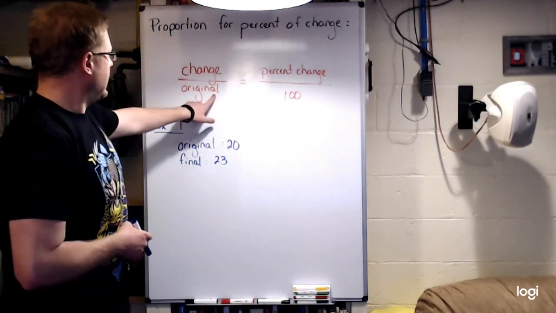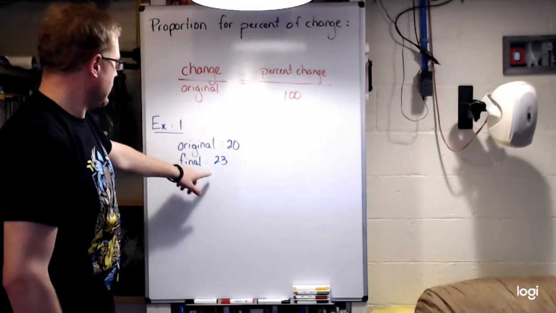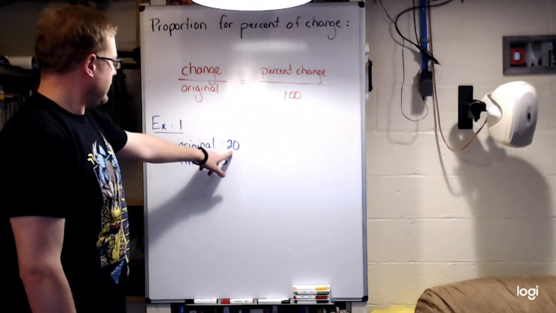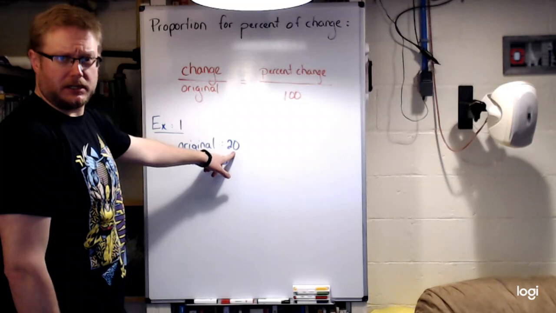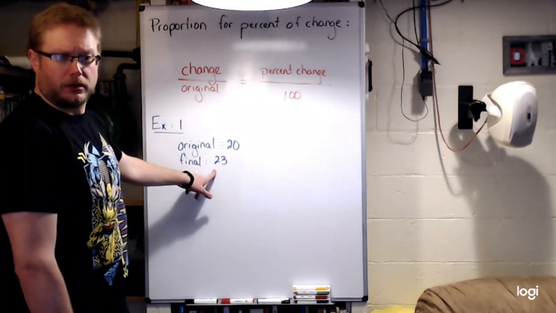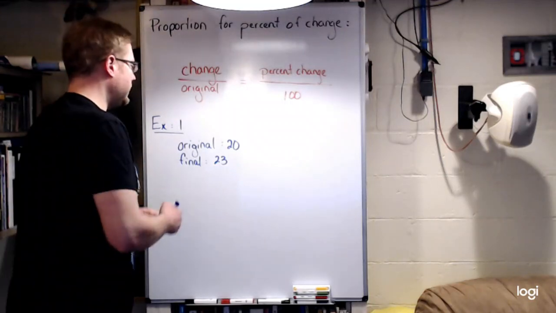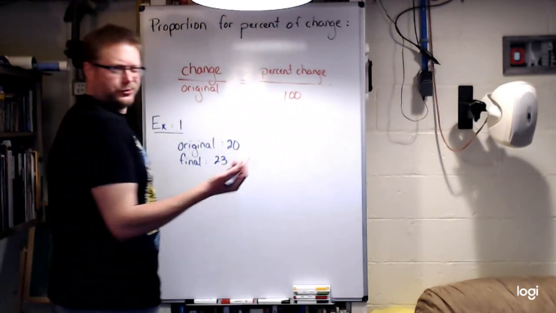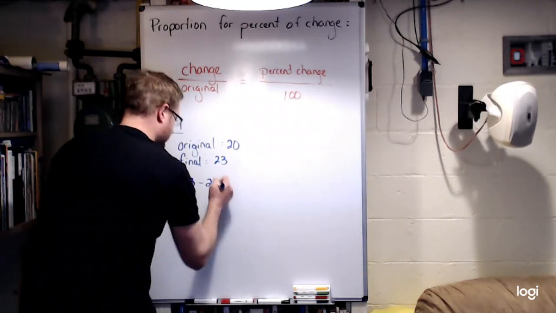So we have our numbers. We're going to plug it into our proportion, right? So the first thing is, what was the change? Well, we can clearly see if it was originally 20 and it went up to 23, your change was a positive 3. It went up by 3. You can just do some simple math. You take your final minus your original, okay?